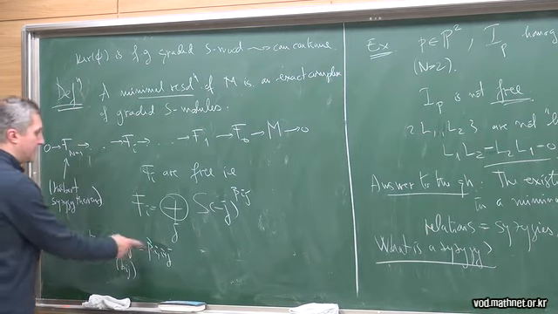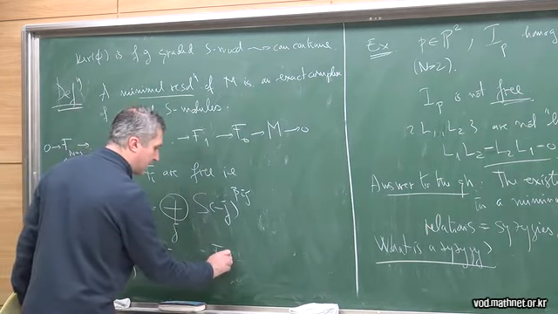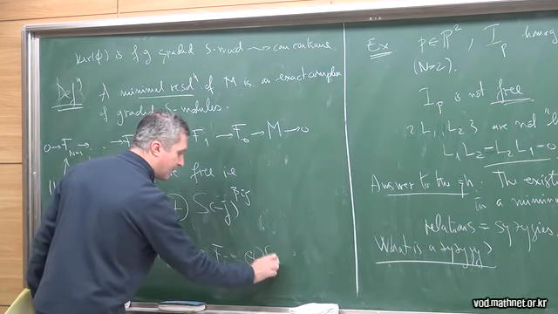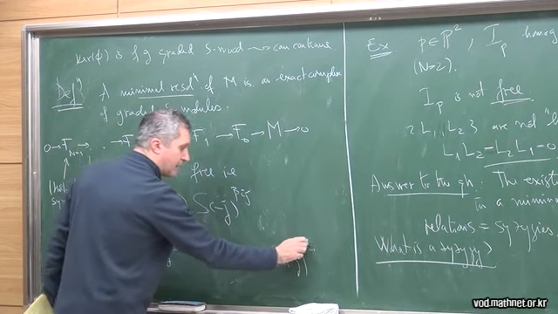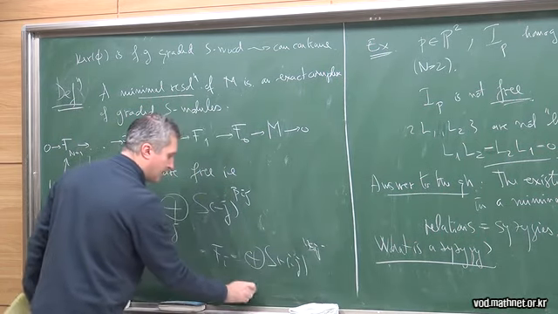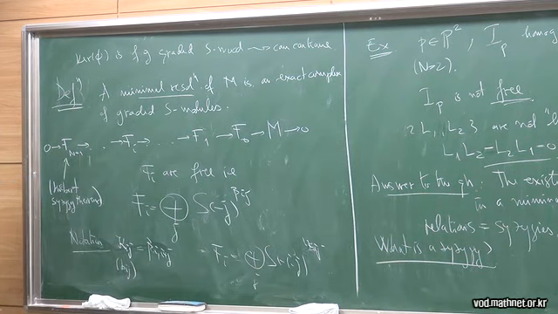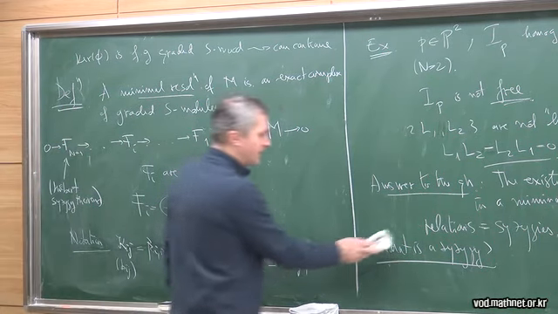If we use this notation, then we can also write Fi to be the direct sum of S(-i-j) to the k_ij over j. It's exactly the same thing.